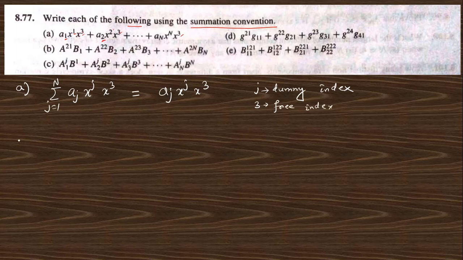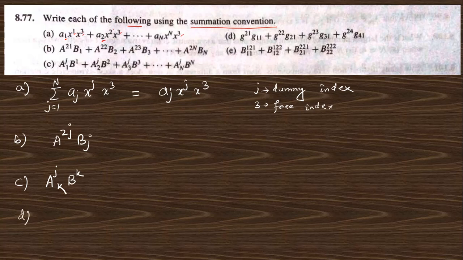Similarly, for b you can see 2 is constant, and 1 to n changes, so this is written with j. Similarly, for c, a_j is already given, 1 to 2 changes, so this can be written with k.